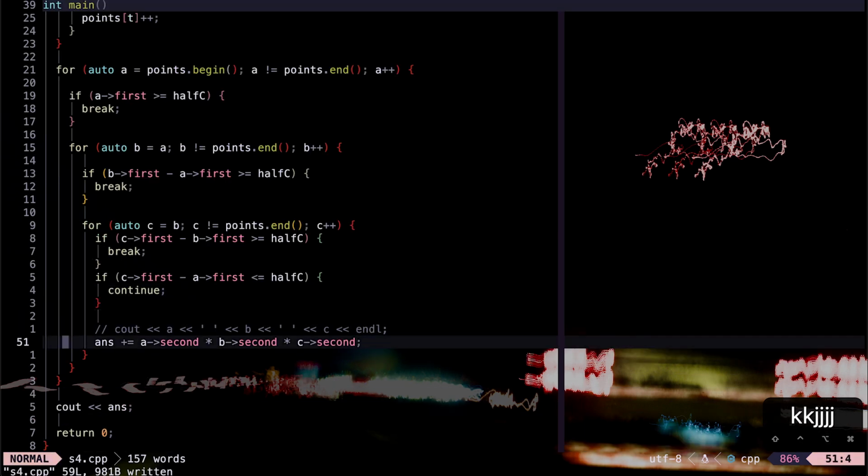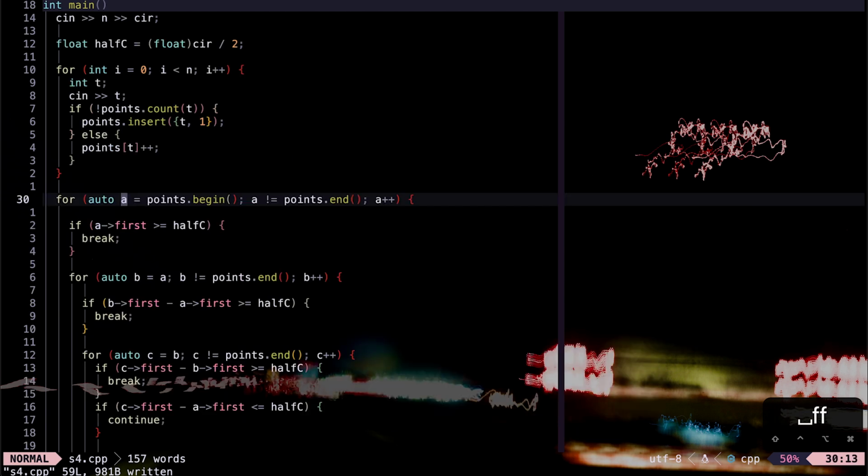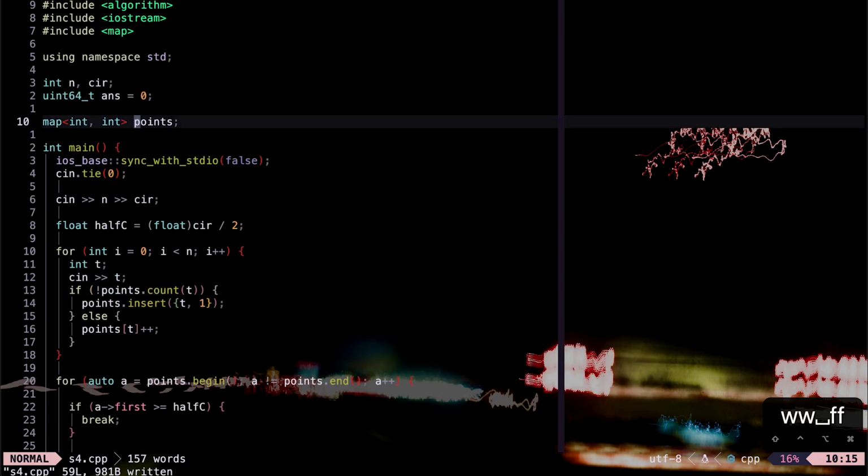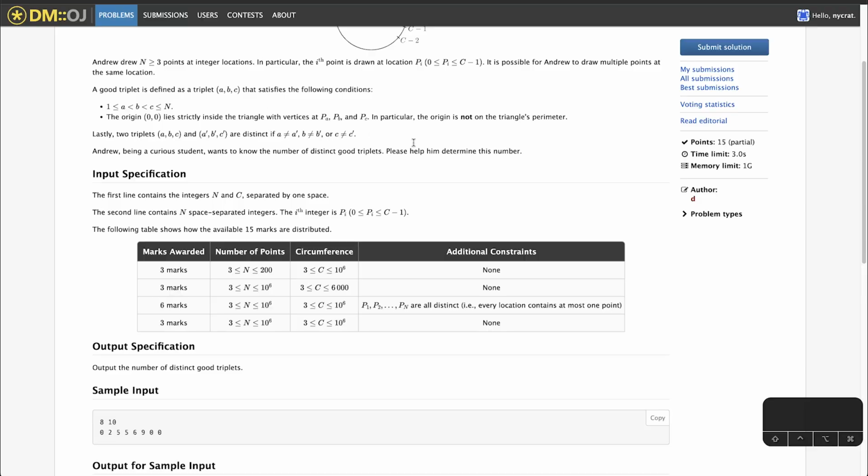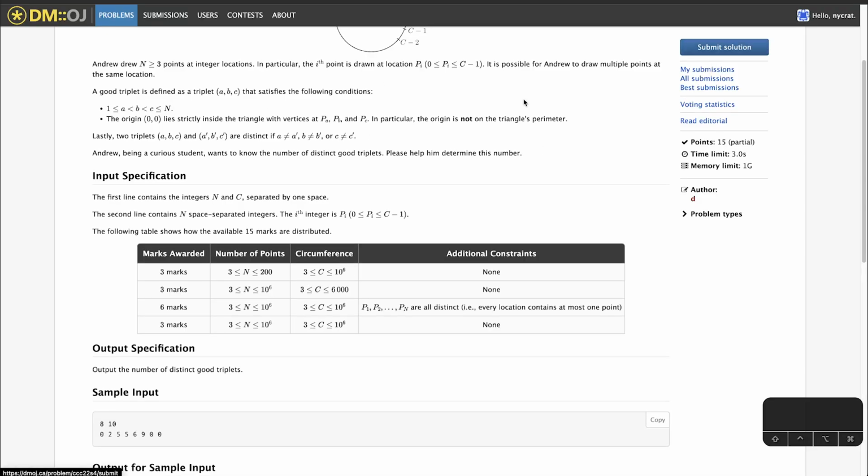Maybe this A points. I'll just try making everything UN 64. Let's just, this probably won't work, but it's worth a try.